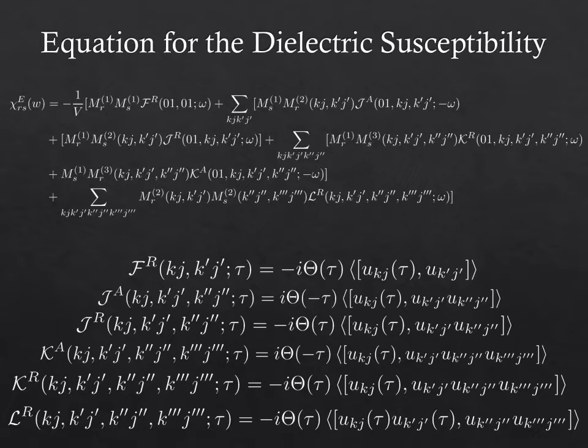So if you look at the bottom half of this slide, you have F, J's, K's, and L's, which are all different correlation functions of a different number of the U's here. And just to make sure we're on the same page again, the superscript r means a retarded Green's function, and superscript a means an advanced Green's function, which only changes the sign in front and the sign of the argument of the Heaviside function in front of the correlation function.